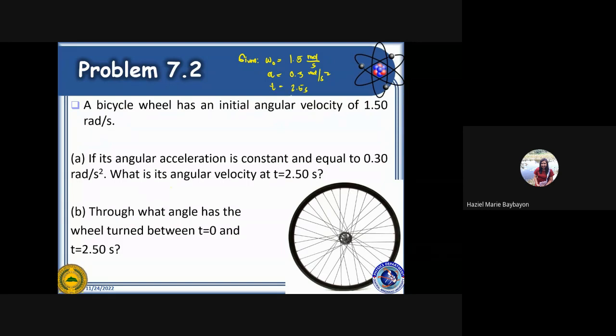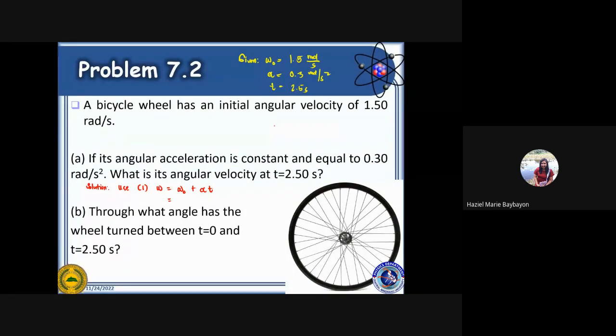So, to find omega, we will use equation number 1 from the kinematics equations because we are given with omega naught, alpha, and t. So, we have to use this equation. So, na kay omega equals omega naught plus alpha times time. Okay, so this is equation number 1 of the kinematics equations for rotational motion.